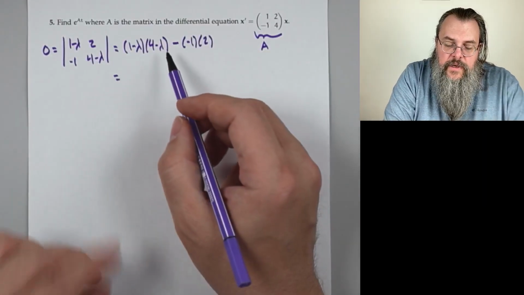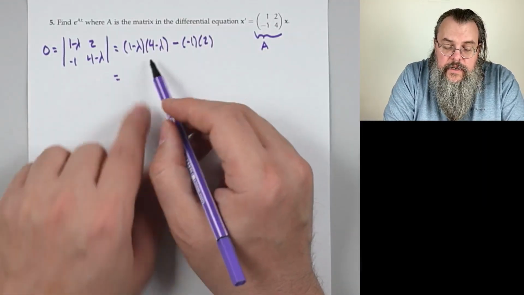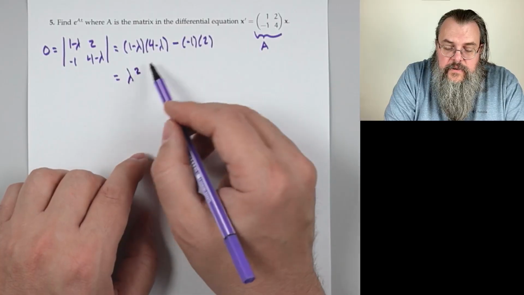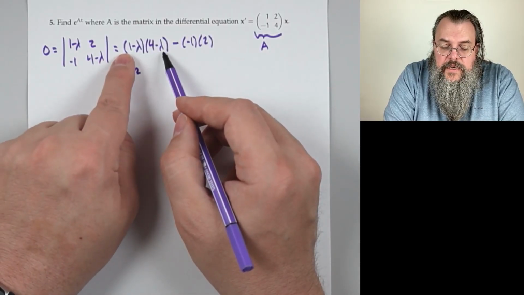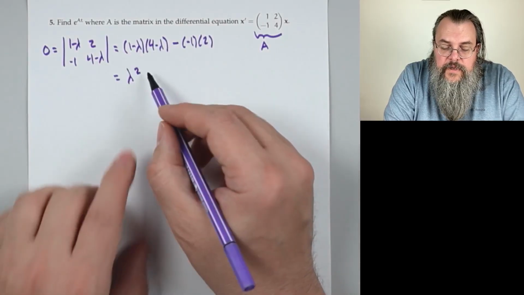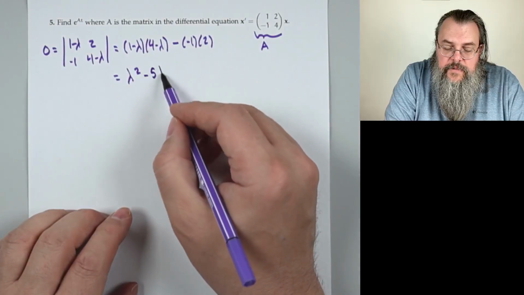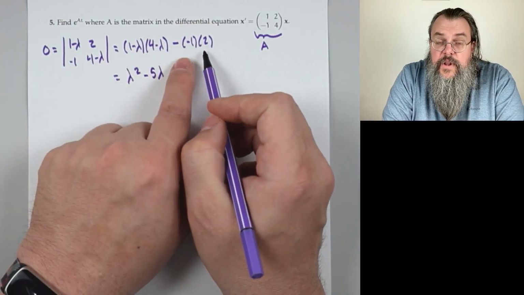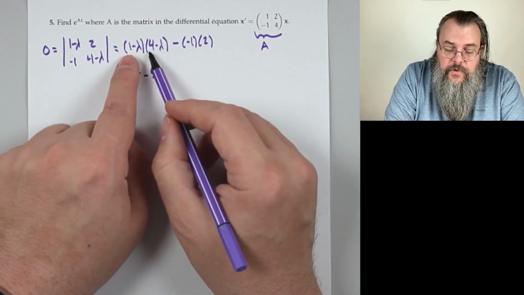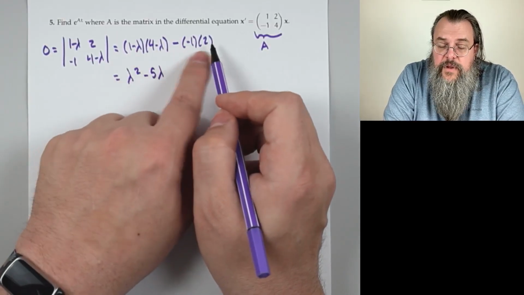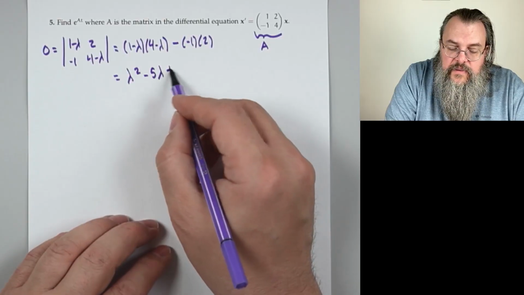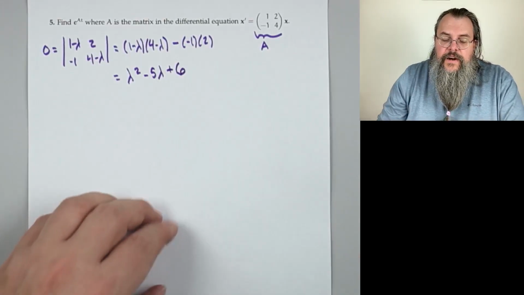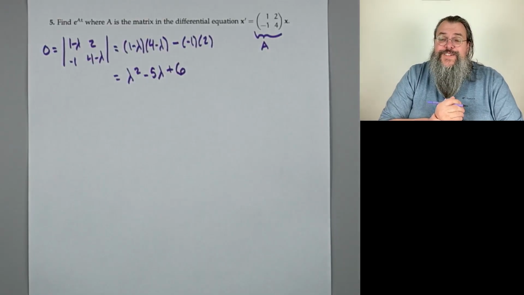We have our lambda squared, minus lambda minus 4 lambda makes minus 5 lambda. Then 1 times 4, and then minus minus makes plus 2, so plus 6. Lambda squared minus 5 lambda plus 6.